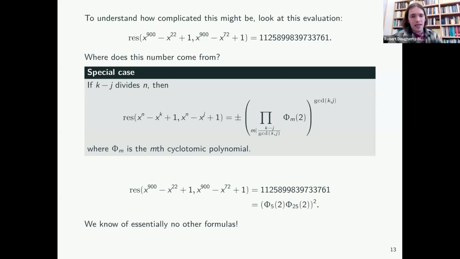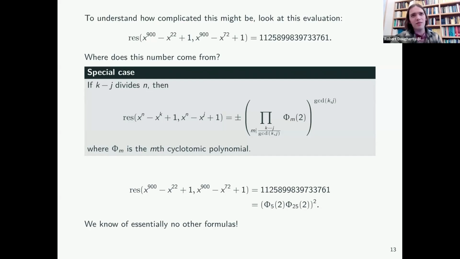If it turns out to be the case that the difference in the middle exponents divides the degree of the trinomials, then their resultant is the product of certain cyclotomic polynomials evaluated at 2, then raised to a certain power, depending on the middle exponents. So this specific resultant is actually the 5th cyclotomic polynomial evaluated at 2 times the 25th cyclotomic polynomial evaluated at 2, all squared.